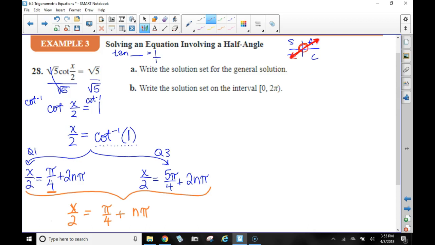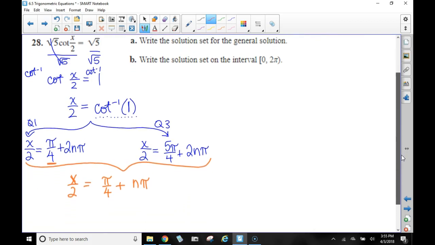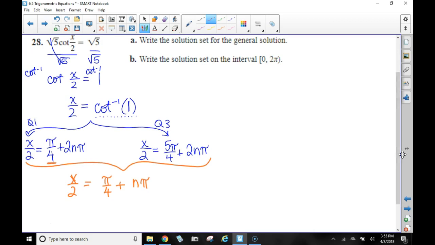Okay? All right, now the last thing that we need to do to finish up our problem, to write the general solution set, is we need to do a little bit of algebra to solve for x. We can solve for x by getting rid of that divided by 2. This means I'm going to multiply everything through by 2.